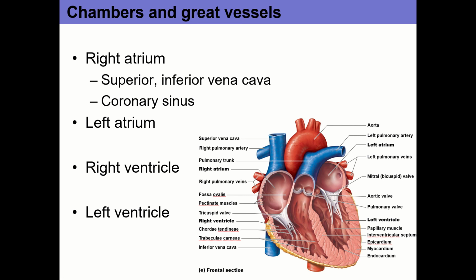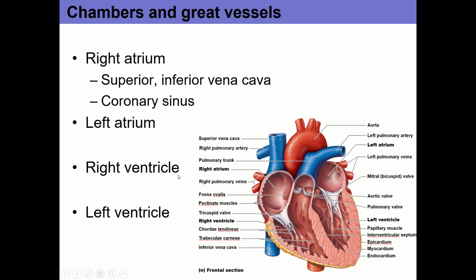Once that blood is deoxygenated, it also returns to the right atrium, but rather than dumping into the superior vena cava, it has its own spot in the wall of the right atrium where it dumps deoxygenated blood back in. So these two are the great vessels that bring blood back to the right atrium. And the coronary sinus, again, returns deoxygenated blood from the cardiac circulation.